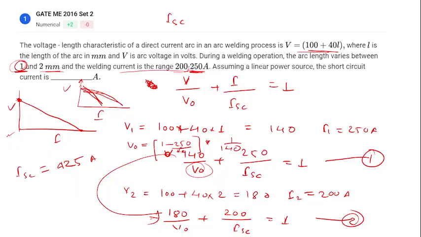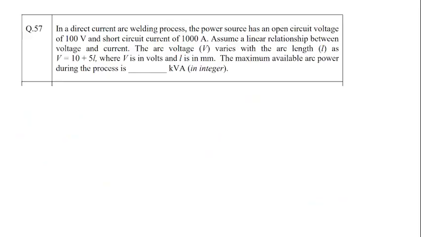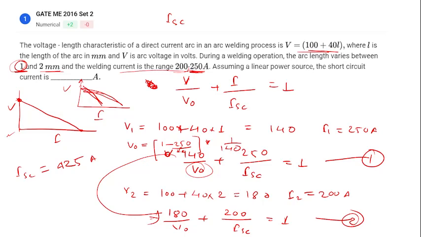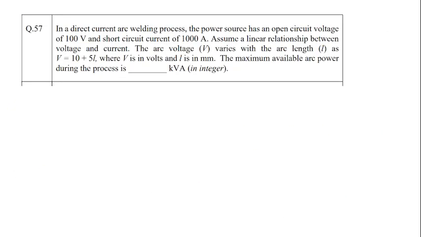Okay. Now try to solve this question. For same power supply, sorry, if you reduce voltage, then current will increase. So this logic is applicable over there. Okay, right. Now try to solve this question.